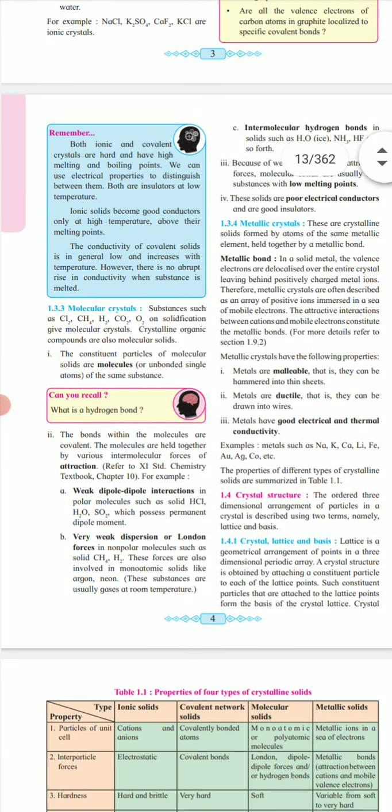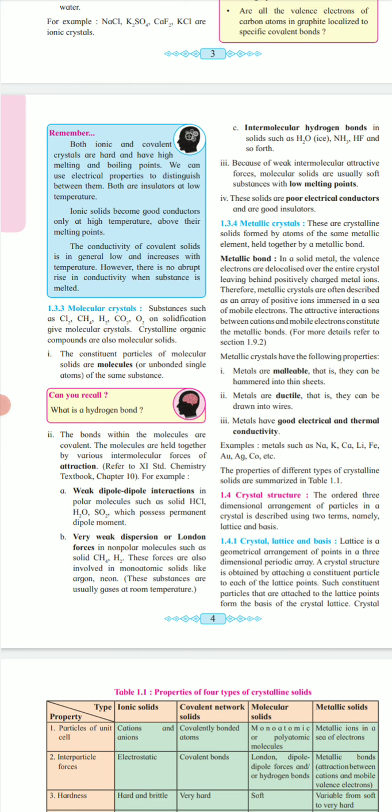1.3.3 Molecular crystals. Substances such as Cl2, CH4, H2, CO2, O2 on solidification give molecular crystals. Crystalline organic compounds are also molecular solids. Point 1.